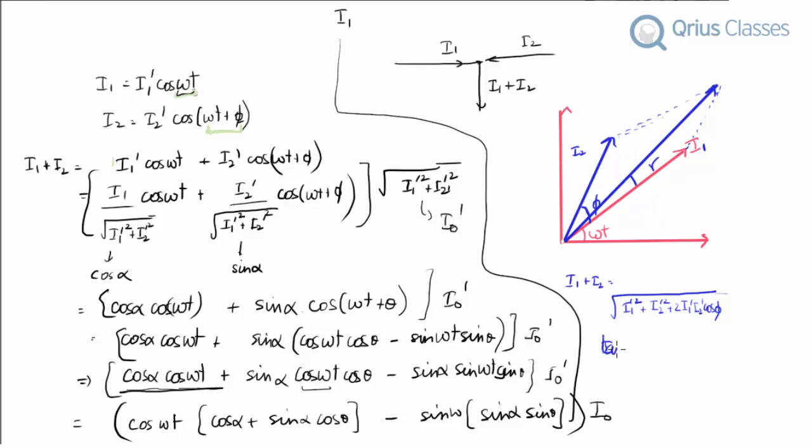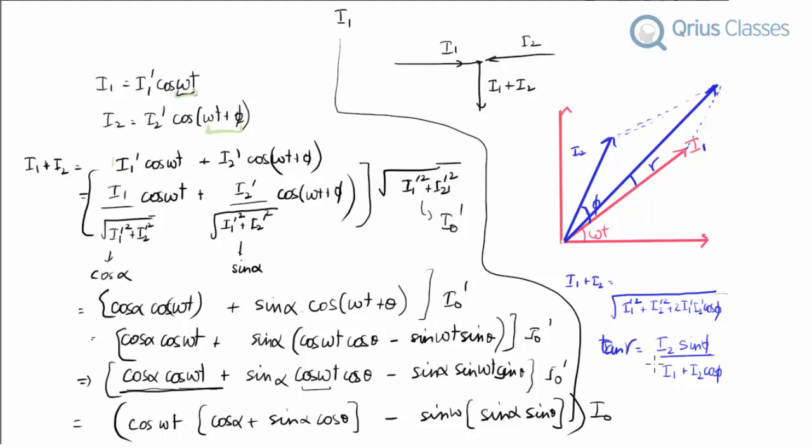So tangent of gamma would be I2 sine of phi divided by I1 plus I2 cos phi. That will be our gamma, because this is basic vector algebra, which we remember.